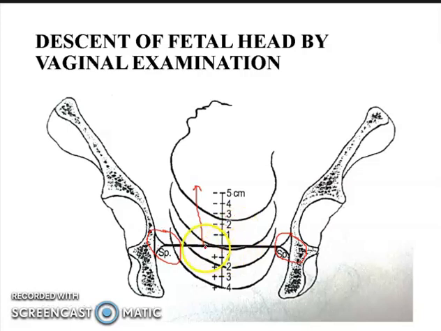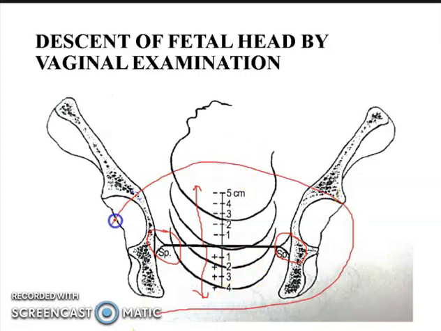Then below the level of the ischiospines, the digits have a positive symbol. So there is +1, +2, +3, +4. So these numbers increase as the head descends into the pelvic cavity. This type of descent is usually not recorded on the partograph.